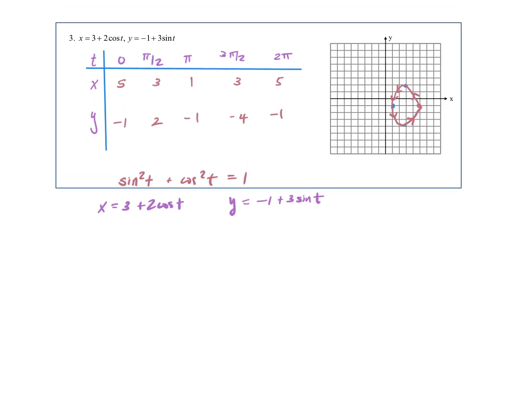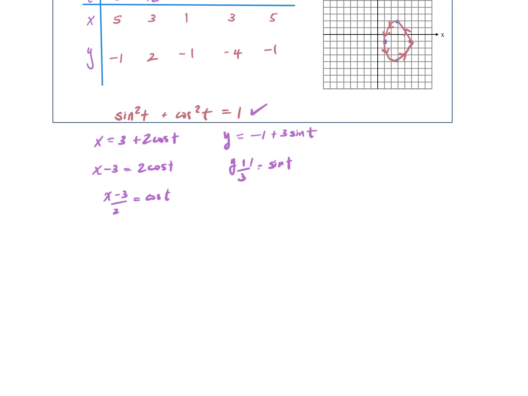So here I'm not going to solve, but I want to get the cosine isolated. So x minus 3 equals 2 cosine of t, and then (x minus 3) over 2 equals cosine of t. I can take that and plug it into our equation up here. And then y plus 1 over 3 equals the sine of t.